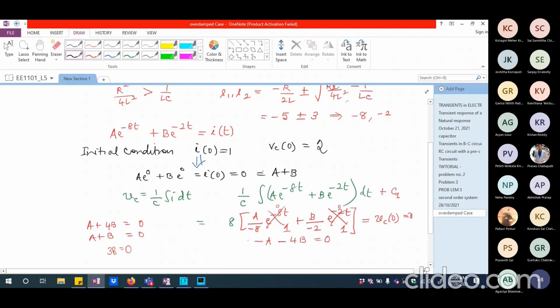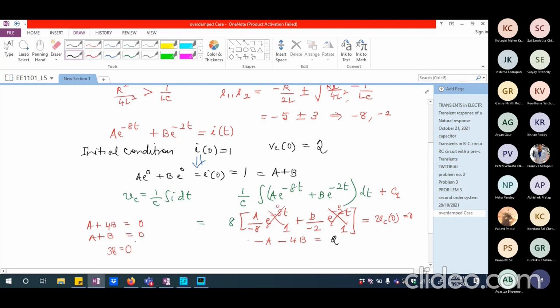Now we can say A plus B is 1, not 0. A plus B is 1 and minus A minus 4B is 2. That's what we got. Minus A minus 4B is 2. Will this work?